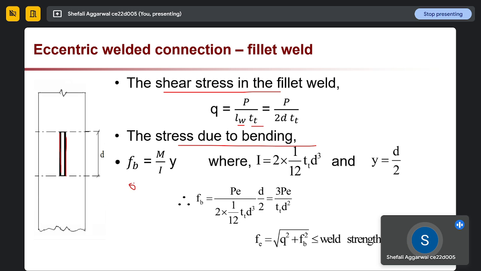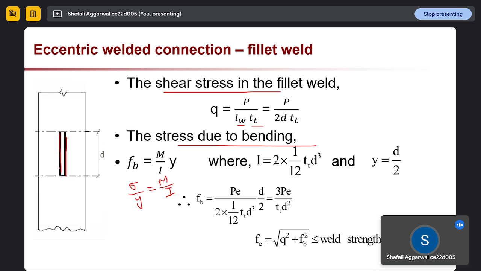Stress due to bending, we have seen the formula sigma upon y is equal to M upon I. Here you can see it is a simple rectangular section, so I will be T T cube by 12.